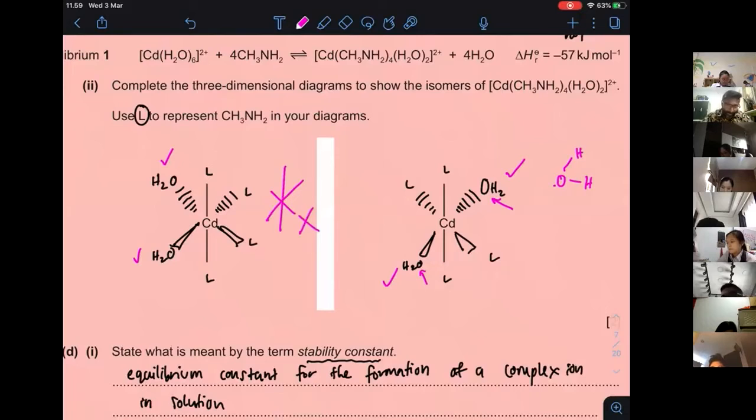Always use this method. If you don't show the 3D diagram in this way, you are going to be deducted marks. The two triangles that appear to come out are actually coming out of the piece of paper. The two lines over here are assumed to be going behind. So this is going to be cis, this is going to be trans.